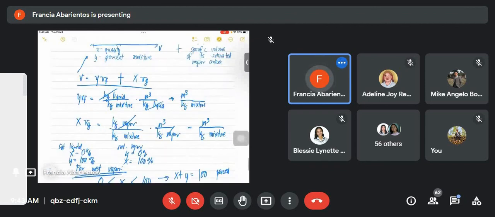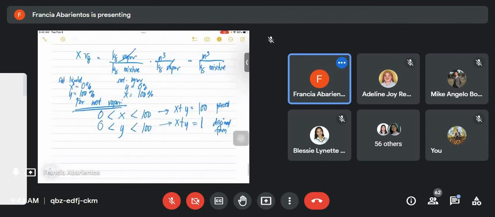So, we all know that the specific volume is the percent moisture times the specific volume at saturated liquid plus the quality times the specific volume at saturated vapor. Ito yung equation natin. Bakit kailangan ko i-derive?